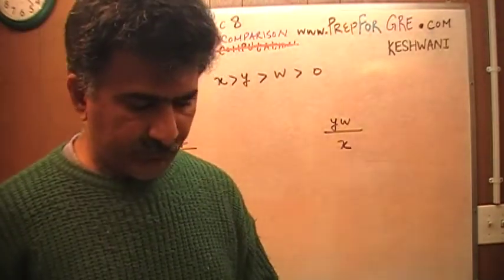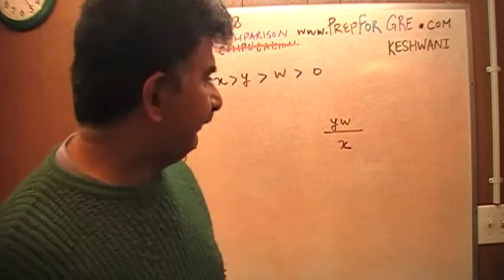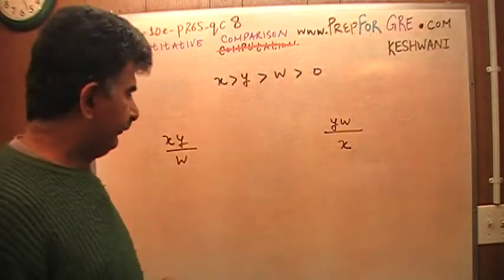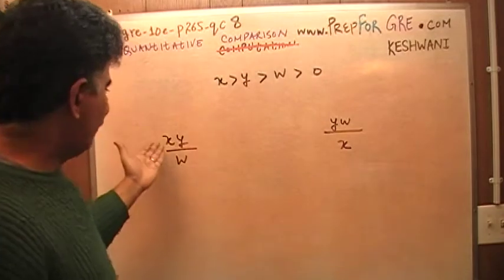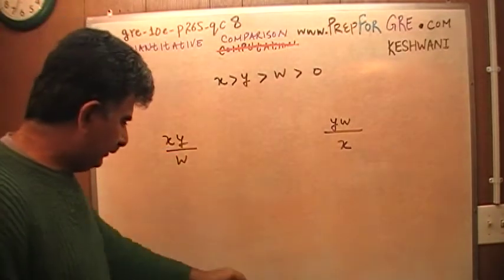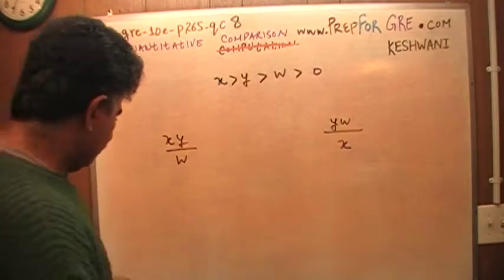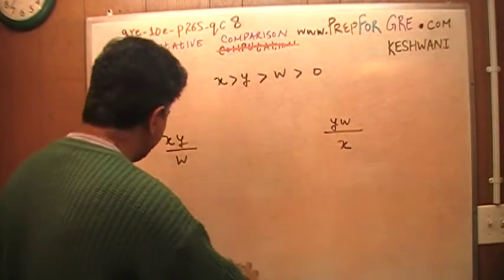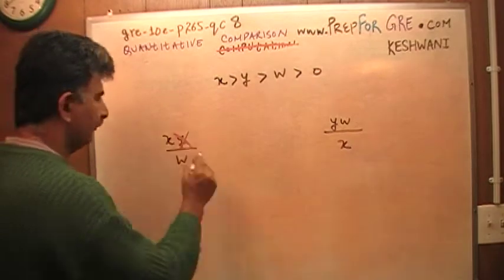Well, the very first thing that I notice is that since they are all positive, and one variable appears on both sides, it plays no role. This y plays no role.